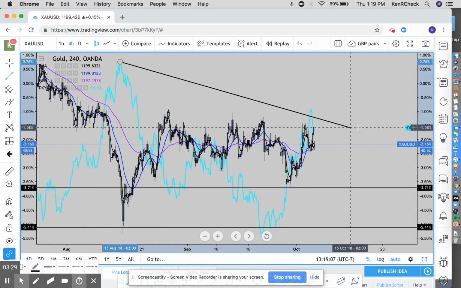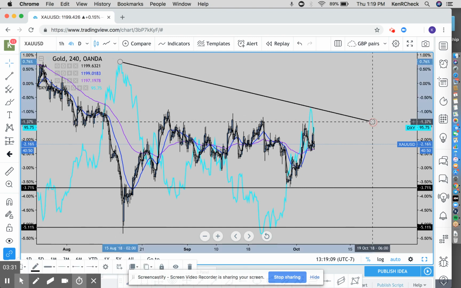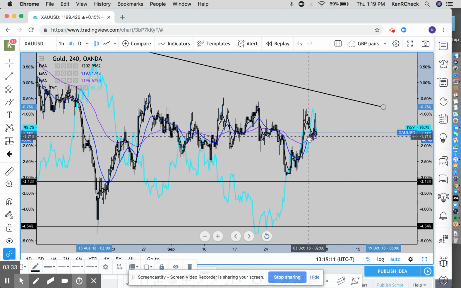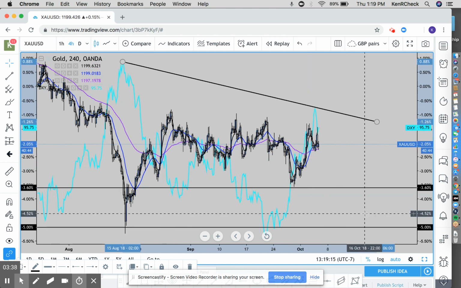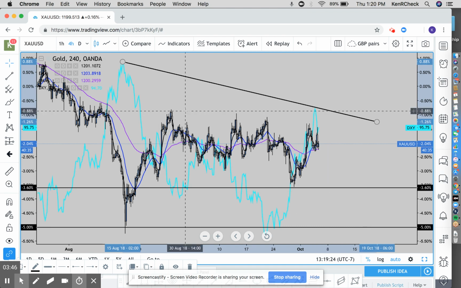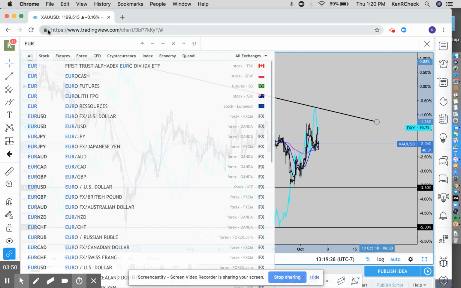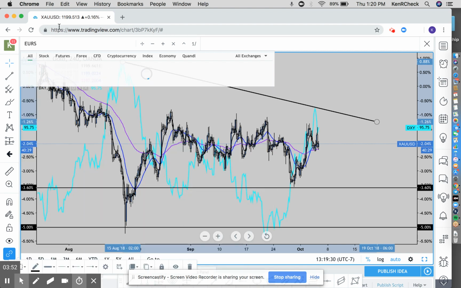Then we just mark this up here. If this continues to keep coming down, gold is going to continue to keep coming down with the US dollar. Gold has been very interesting; over the last day or so it has been correlating to how the dollar has been moving. But that's gold using the index. Gold moves the same way as Euro USD and British pound versus the US dollar.